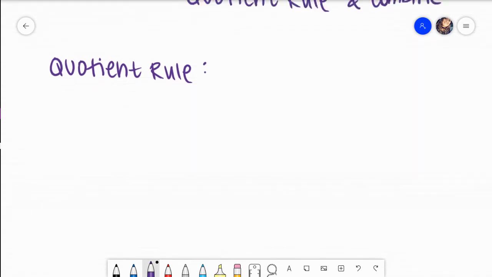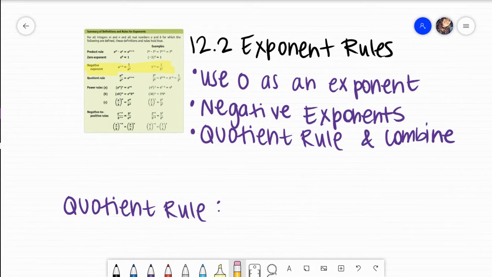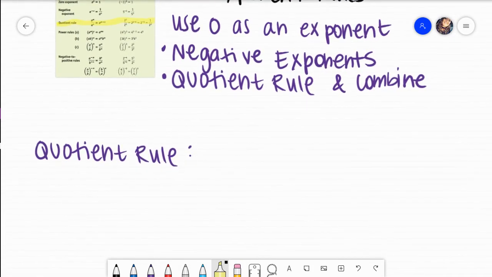So what we do is, our actual rule, I'll show you right here. Our quotient rule is right here. And what that rule says is if you have a base, a number, a variable, something up top being raised to an exponent, whatever that exponent may be, and you have it divided by the same something, the same base, the same variable, also raised to an exponent.